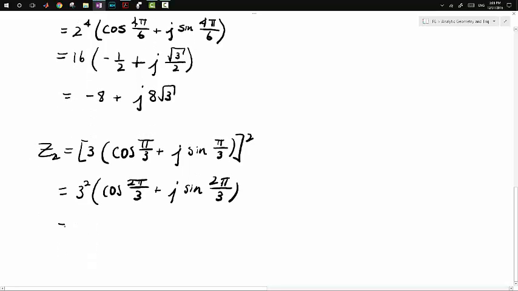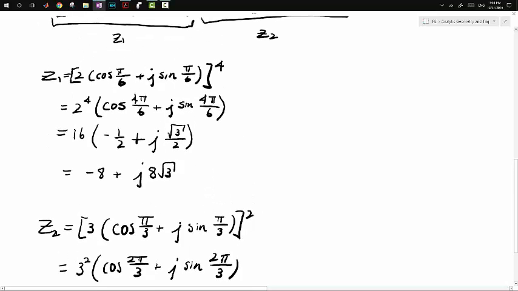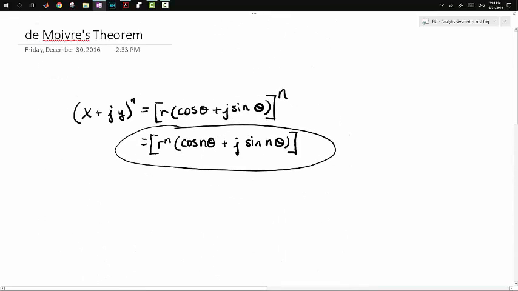Then this will reduce to 9 times cosine of 2 pi over 3, which is negative 1/2 just like before, plus j times sine of 2 pi over 3, which is root 3 over 2. And this will finally reduce to negative 9/2 plus j times 9 root 3 over 2. So z1 and z2 can be easily found using de Moivre's theorem.